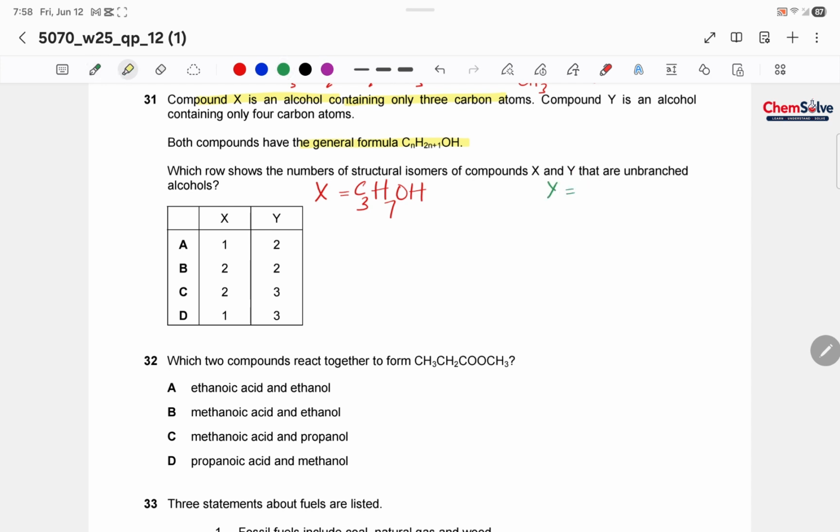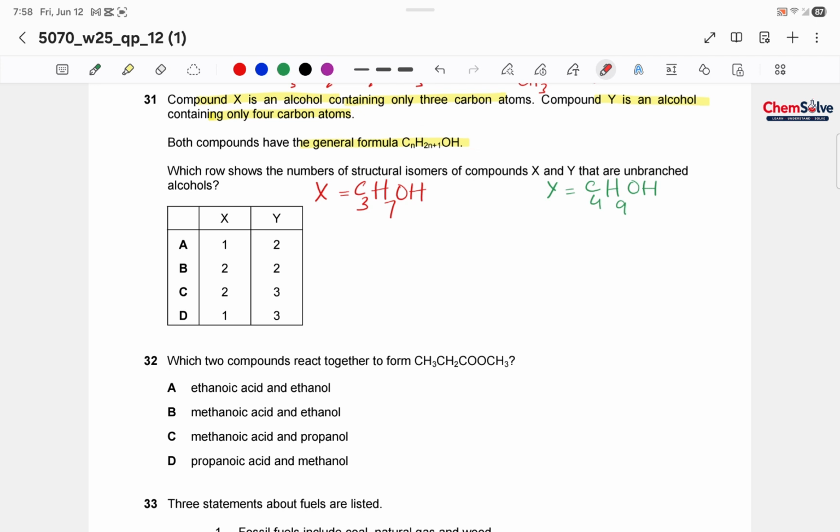Alright. And general formula of Y, because compound Y is again an alcohol and it contains 4 carbon. So it would have formula C4H9OH. I made these formulas according to this general formula which is provided to us in the question.